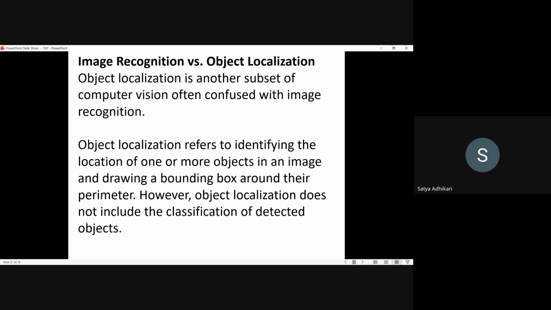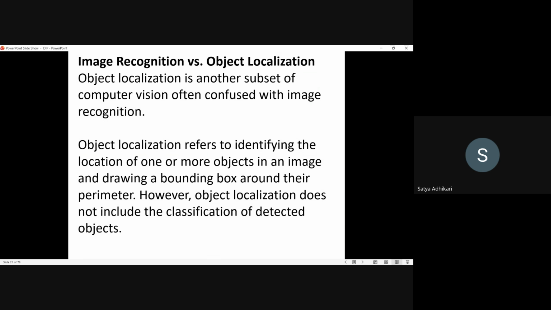So there are some terms: image recognition and object localization. Object localization is another subset of computer vision often confused with image recognition. Object localization refers to identifying the location of one or more objects in an image and drawing a bounding box around their perimeter.